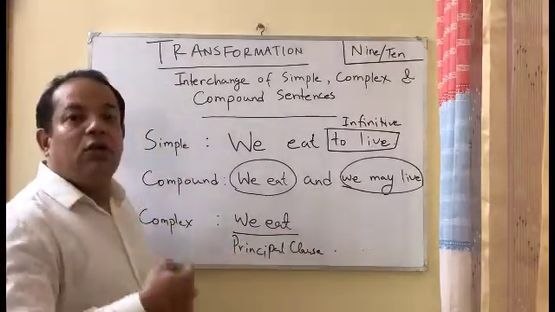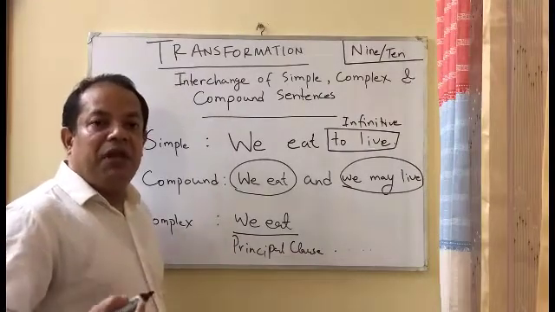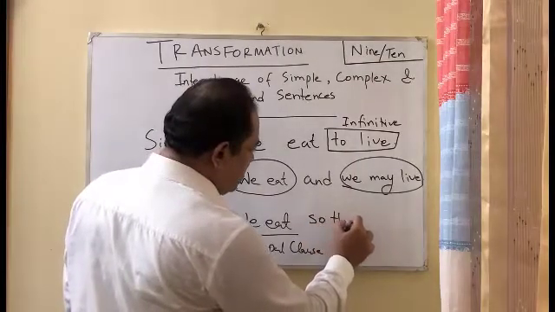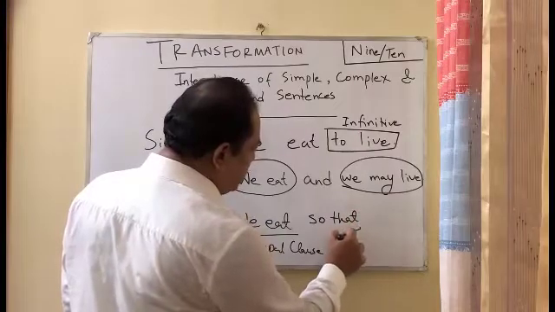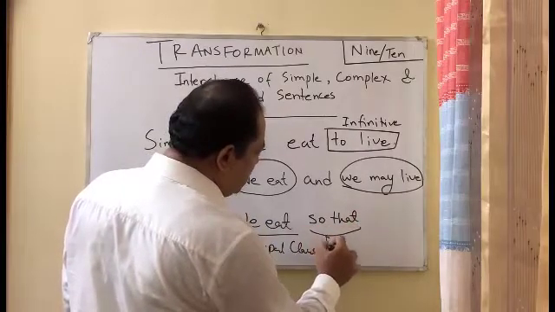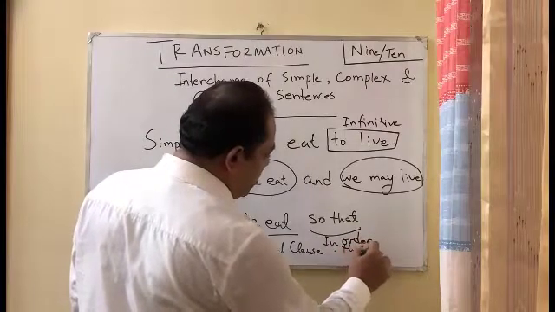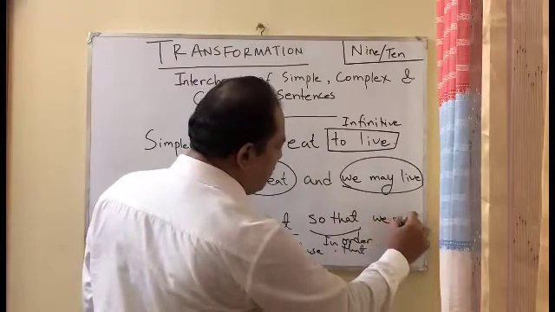We eat, now you need a subordinating conjunction. We eat so that, or in order that, you can write also. We eat so that we may live.